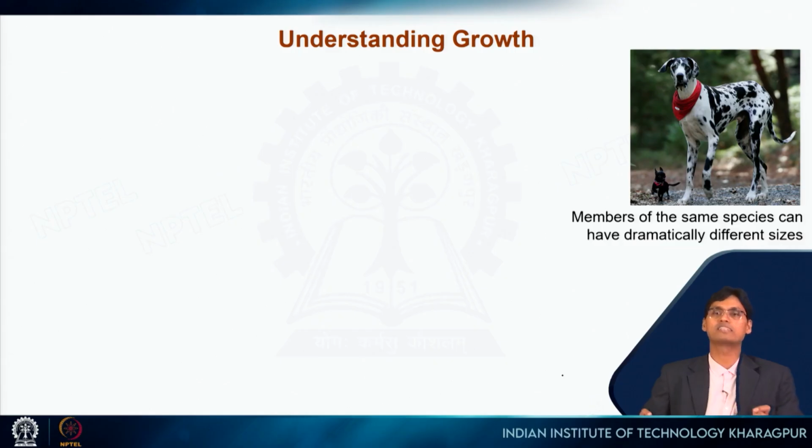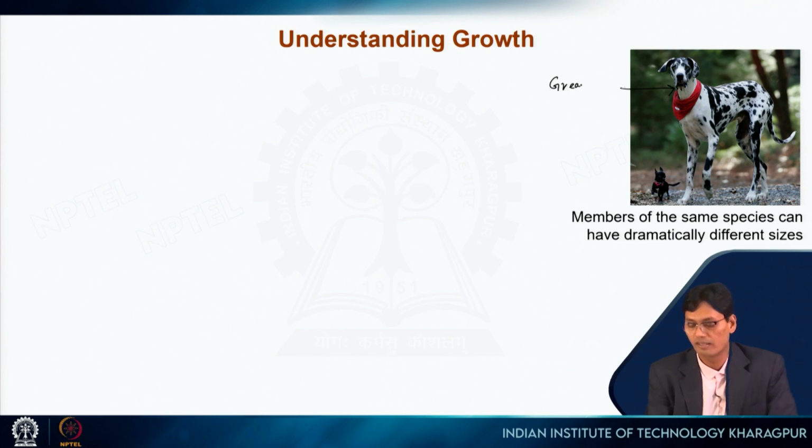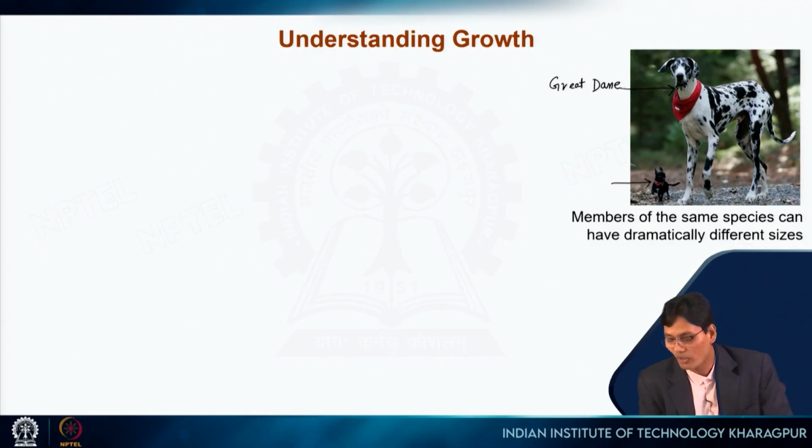For example, this dog, some of you may know, is a Great Dane. It's a huge dog. And here you can see a small dog in black color.